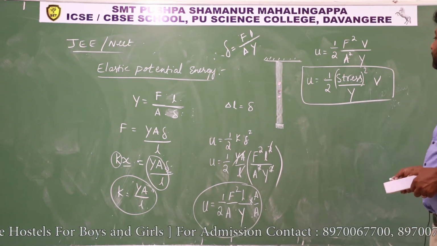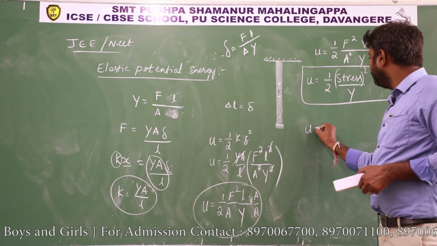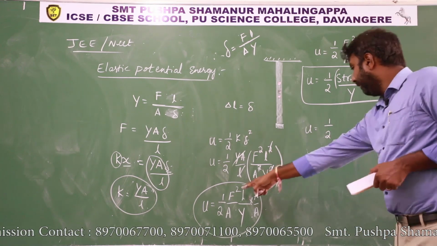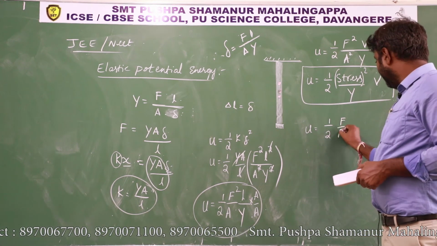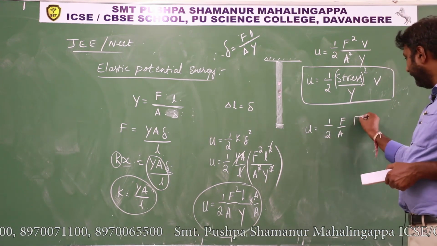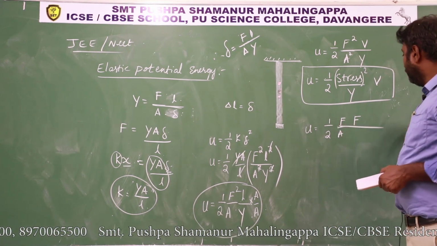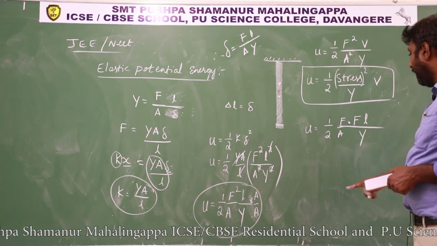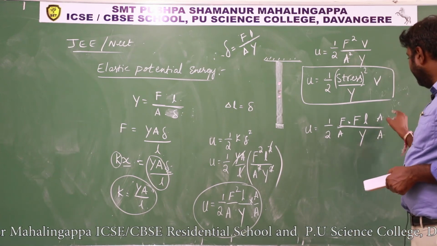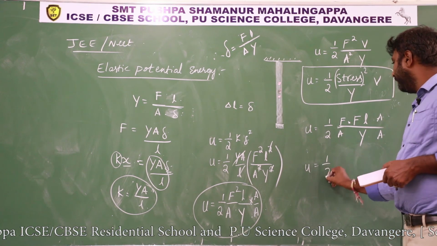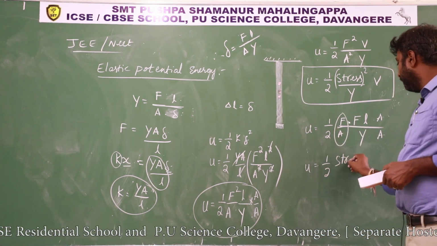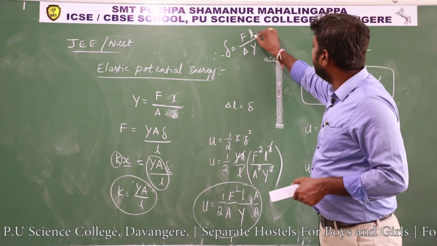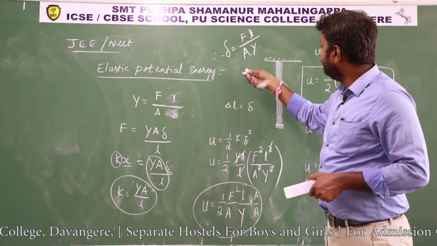of elastic potential energy. And then U is equal to, other methods means 1 by 2 F by A. I will write it like this, I will split F square as F by A into F, 1 by 2 into F into F L divided by A, and again multiplying by A into A. So U equals 1 by 2 F by A, which is nothing but stress, FL by Y. FL by Y means here this is L, right, this is A. Okay, so change in length by original length.